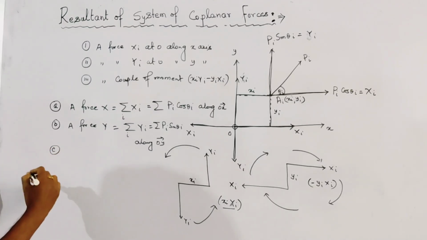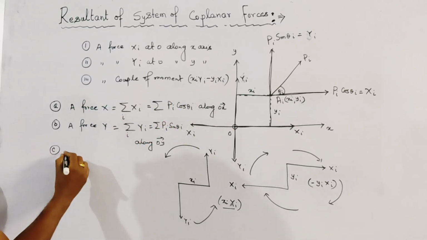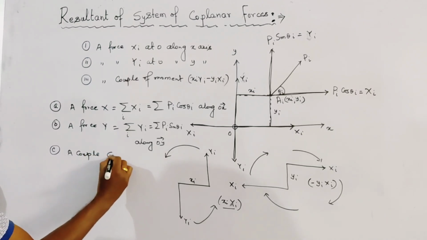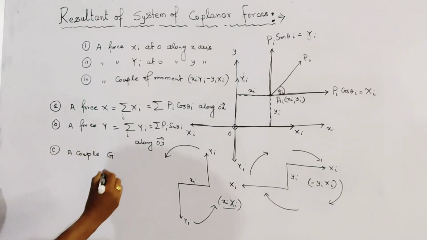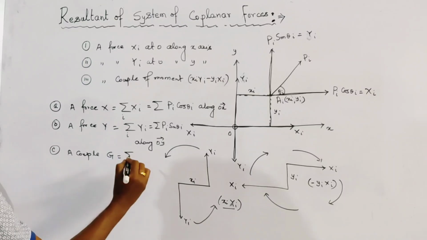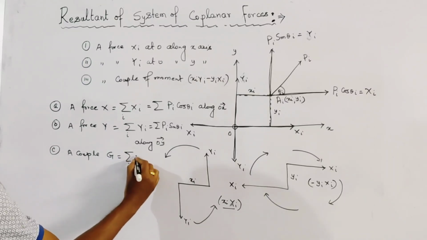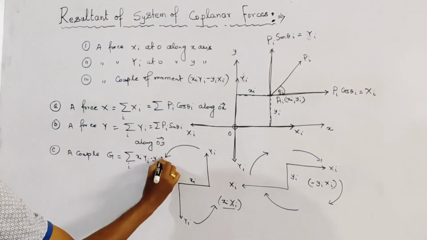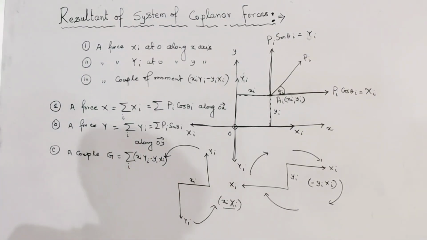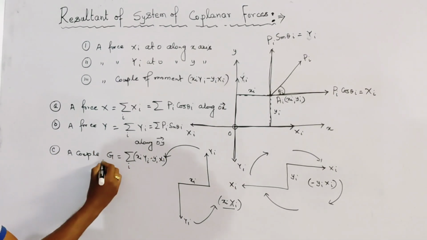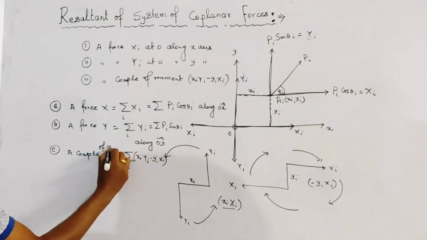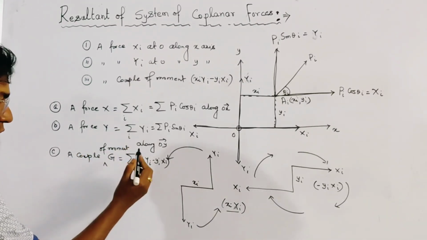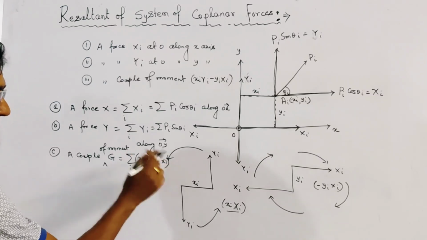And the third is a couple, denoted by G, the summation over i of xi Yi minus yi Xi. The couple of moment G is equal to the summation over i of xi Yi minus yi Xi.